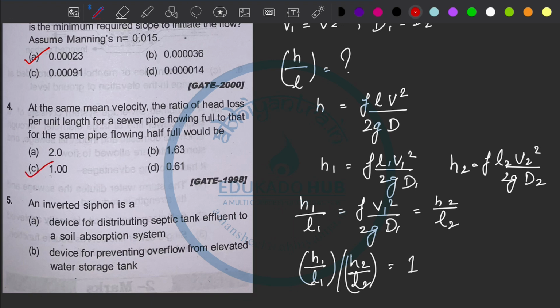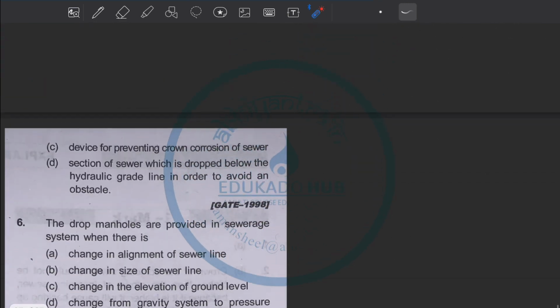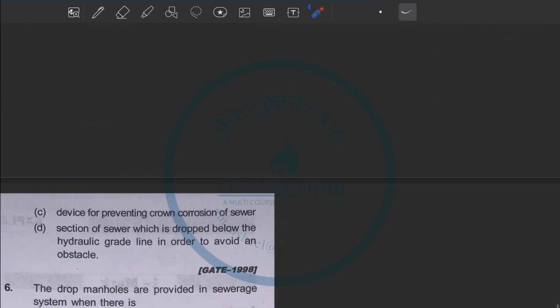Next, an inverted siphon is a device for distributing septic tank effluent to a soil absorption system, a device for preventing overflow from an elevated water storage tank, a device for preventing crown corrosion of a system, or a section of sewer which is dropped below the hydraulic grade line in order to avoid an obstacle.